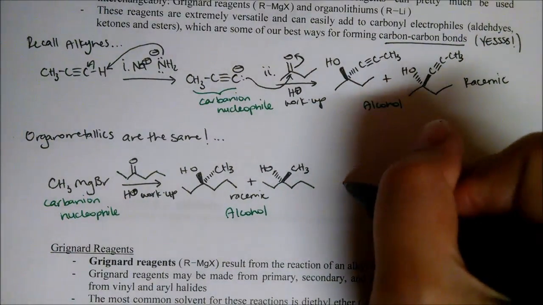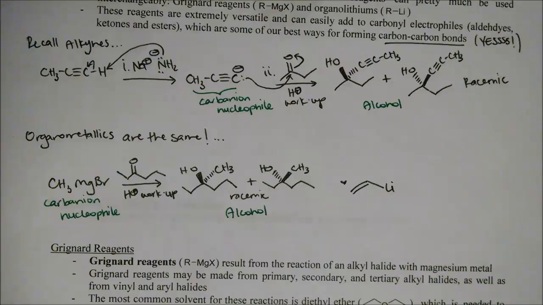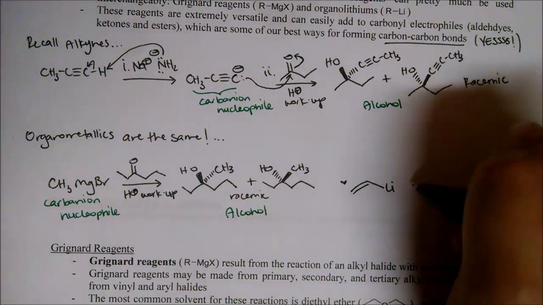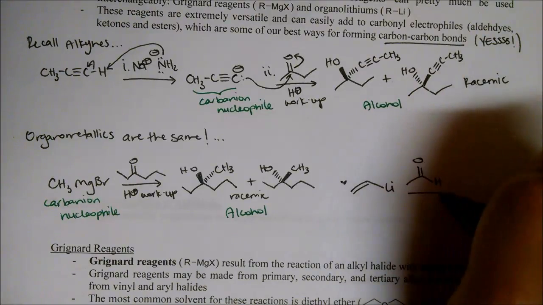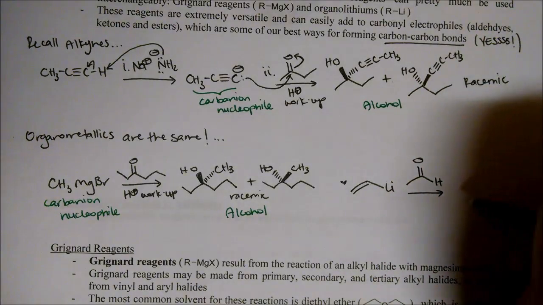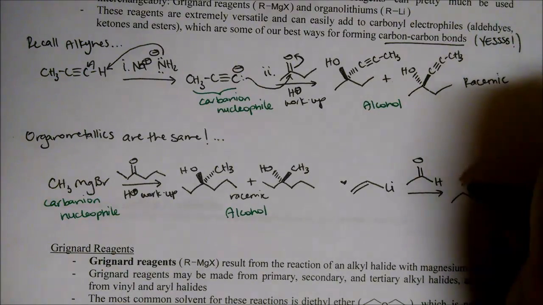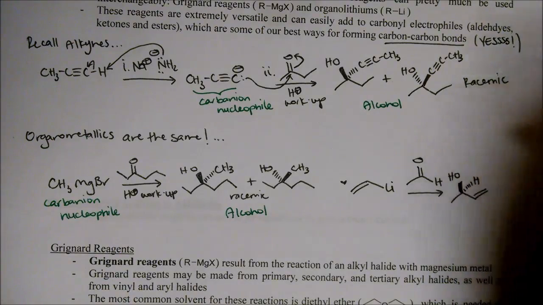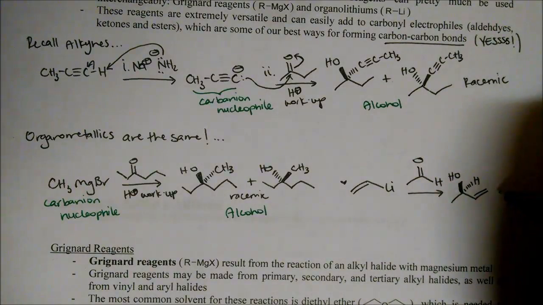Here's another example of an organolithium doing the same thing. Look at this, really cool carbon nucleophile. Let's add to an aldehyde electrophile. This time we will get, again, a racemic mixture. I'm going to draw it a little bit differently though. I'm just going to attack from underneath and put that H, because this is how we normally draw things.